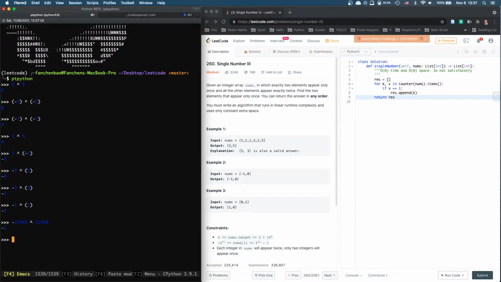Okay, let me think again. If we have odd, like only one pair is on both sides, then that pair can never be eliminated. So eventually we'll end up with minus 2 exclusive or the ones that we care about.